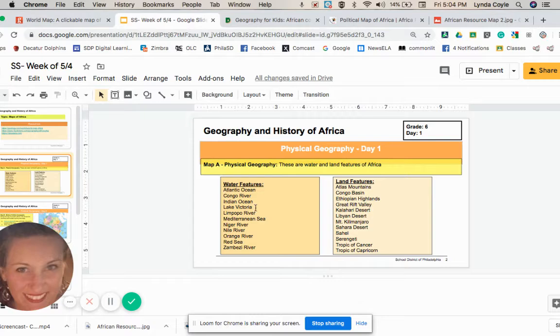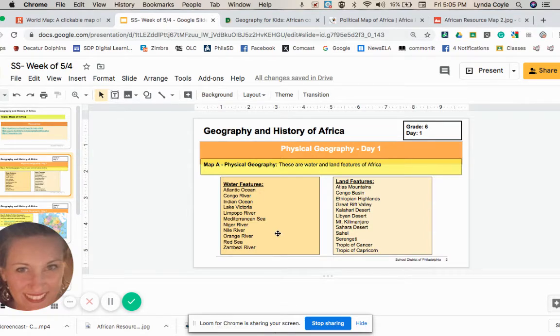Indian Ocean, Lake Victoria, the Limpopo River, Mediterranean Sea, which was above it, Niger, Nile River. We've talked about the Nile when we did a little bit of the Middle Eastern piece up in Egypt, African and Middle East. So the ancient African Nile River. Orange River, Red Sea, and the Zambezi.